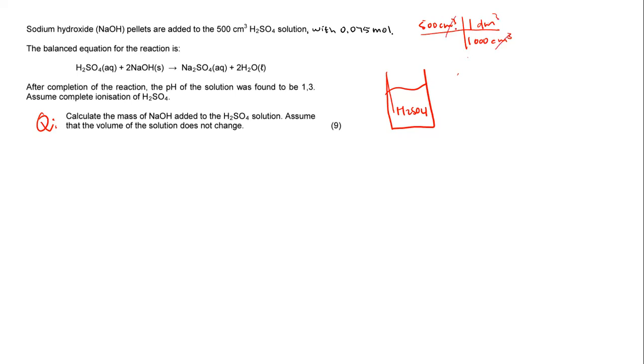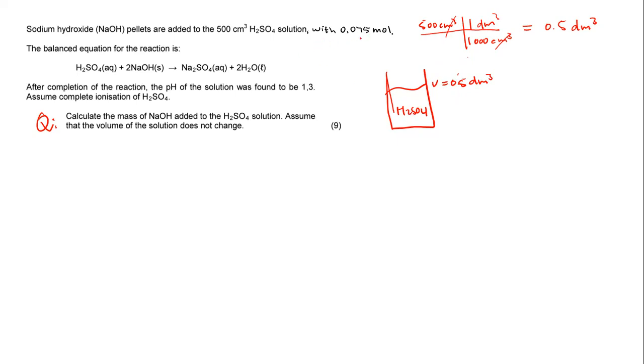Now this and this, they're gonna cancel off, and therefore 500 divided by 1,000 multiplied by that, it's gonna be 0,5 cubic decimeters. So the volume of this solution will most definitely be equal to 0,5 cubic decimeters. This is the volume of the whole solution.